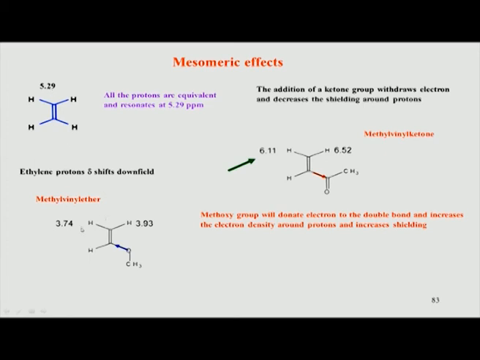So between these two systems, we can explain why these two hydrogens come upfield because of the electron donating nature of the methoxy group, and in this case it is downfield shifted. The 6.11 is a higher ppm value, so it is downfield shifted, primarily because of the electron withdrawing effect of the ketone group.